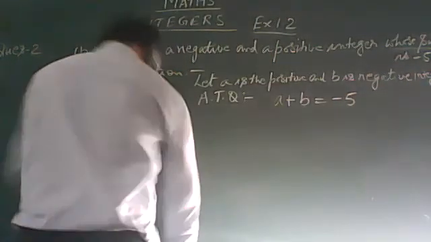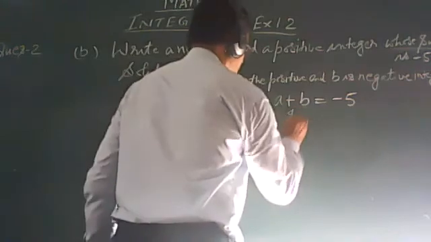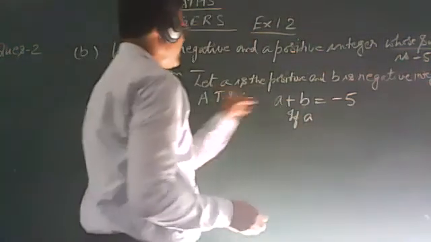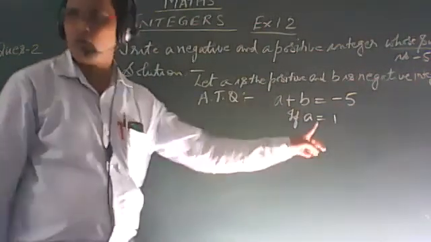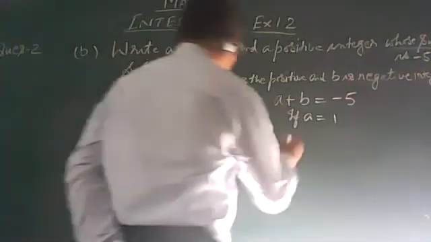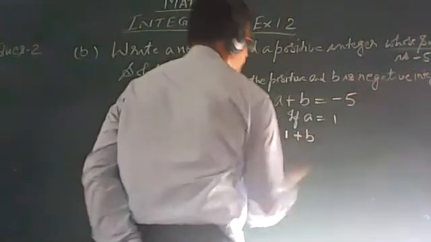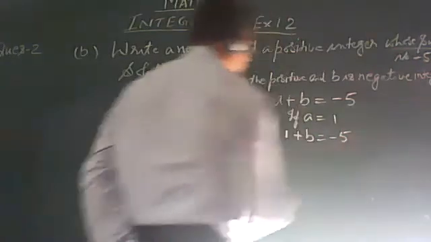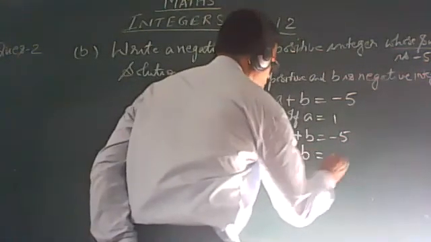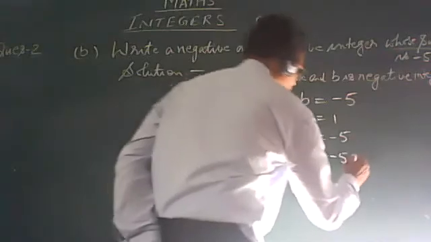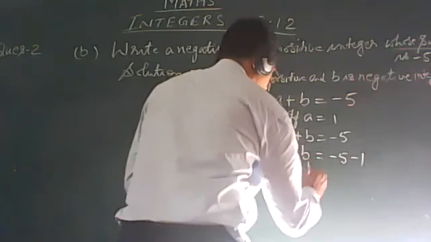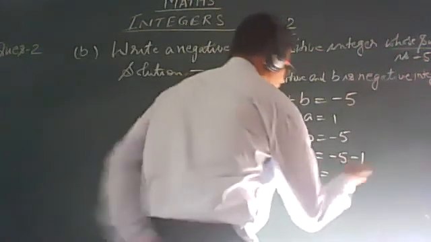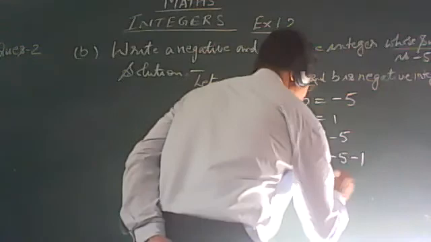Now, a is the positive integer, I will put there a is 1, one is a positive integer. We put there 1 plus b equals -5, then b is equal to -5, 1 goes to the other side, the sign will be changed, and b equals, both have the same sign, so we add the numbers and the sign comes itself, b is -6.